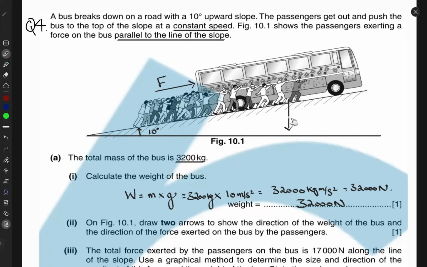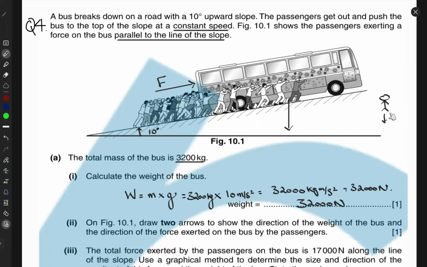Any object will have a weight if there is gravity acting on it. For example, a person also has a weight, which is what keeps the person pulled toward the center of the earth. The higher your weight is, the more difficult it would be for you to move anywhere.